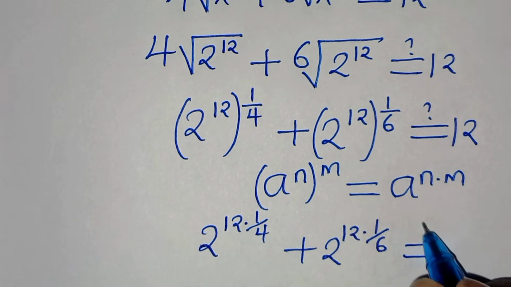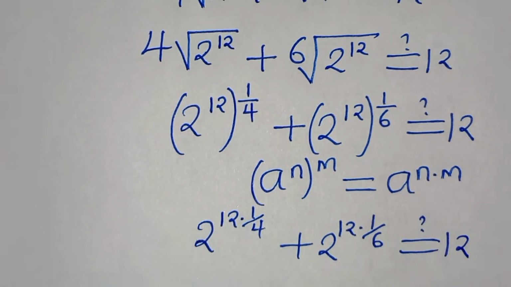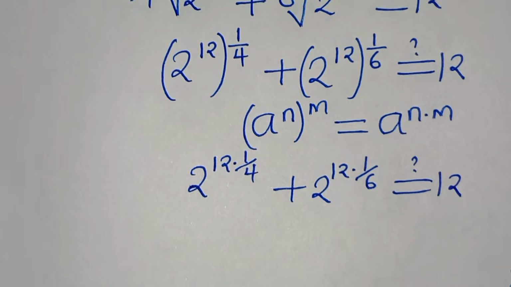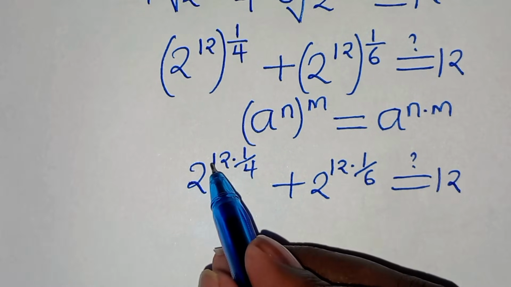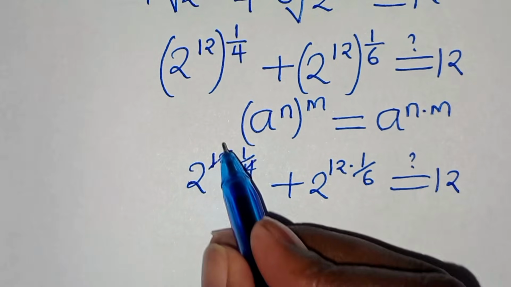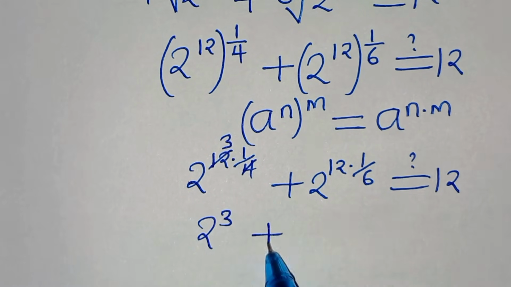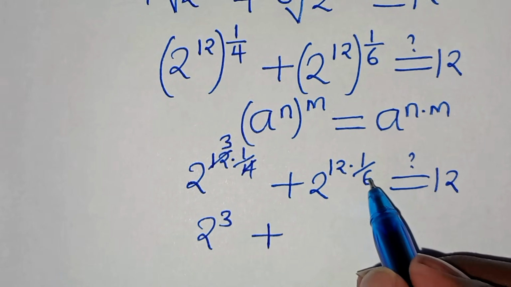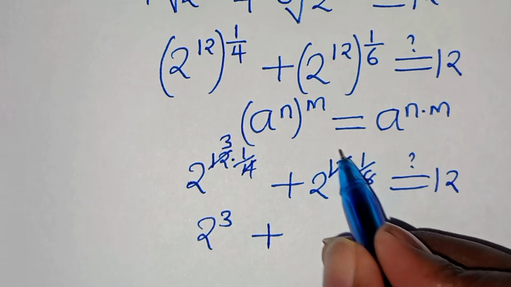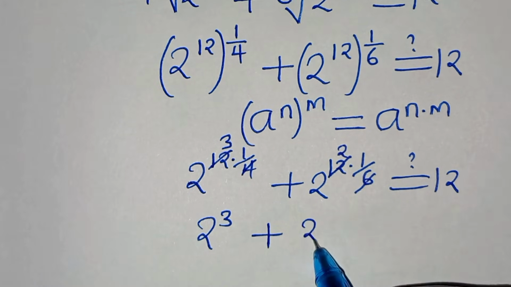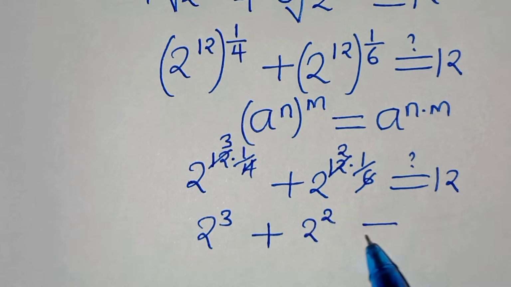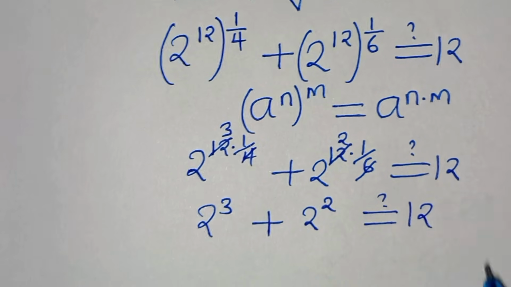This is supposed to give us a value of 12. Now, let's simplify here. 12 divided by 4 is 3, so this is 2 to the power of 3. Then plus 12 divided by 6, this is equal to 2, so we have 2 to the power of 2. This should give us a value of 12.